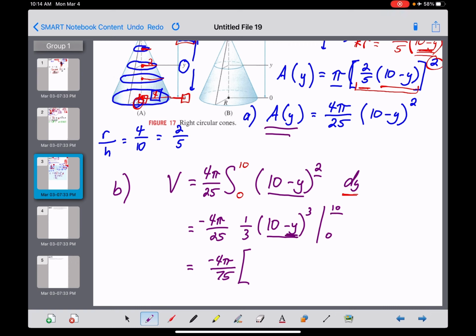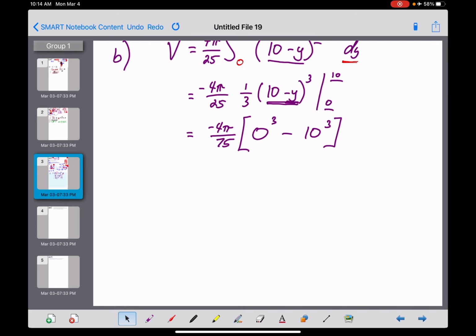So the 10 minus 10 is going to be 0, and that gets cubed, and then minus, we put the 0 in there now, and 10 minus 0 is going to be 10. And that gets cubed. So I think maybe you can see that my quantity inside the brackets is about to end up negative, which will multiply by this negative, and everything will be right in the world, I hope.